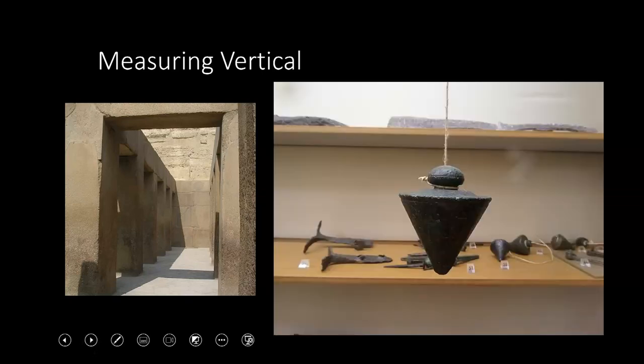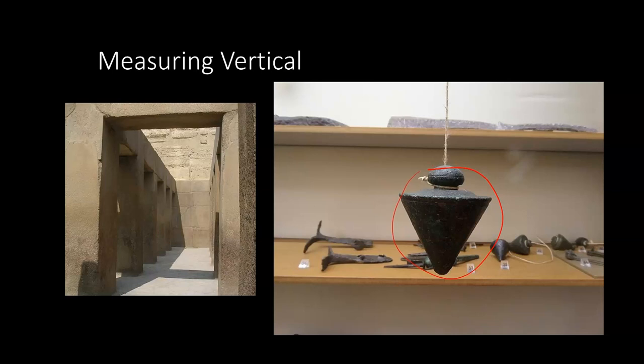So this is a very simple tool. Now this is modified. The metal piece, this is actually a Roman piece, but also the ancient world. The metal piece is called the bob. Basically, what you do is you attach the bob, which is just a weight, to a rope or a cord, so it hangs down vertically.